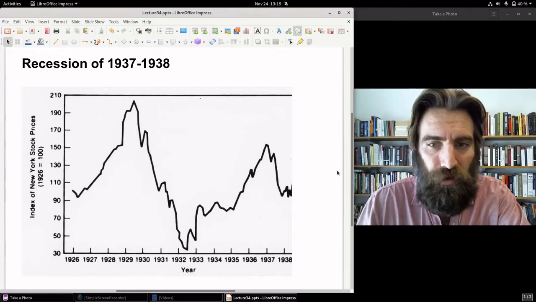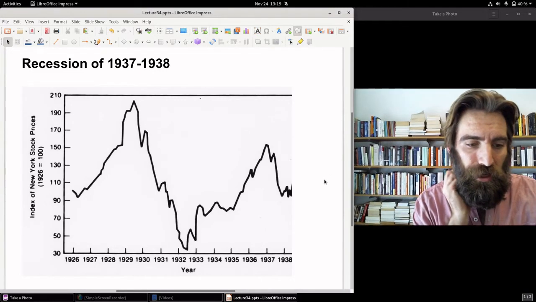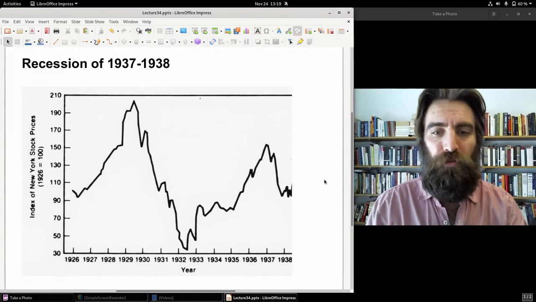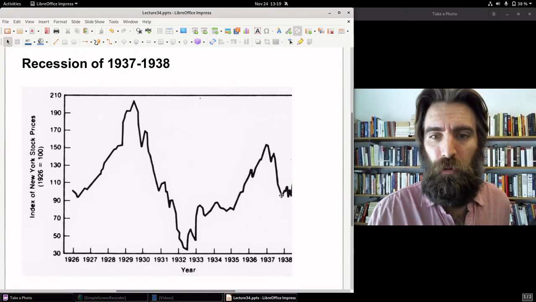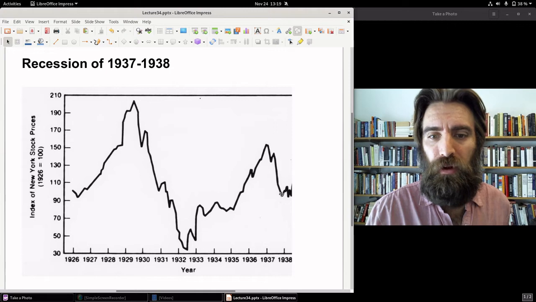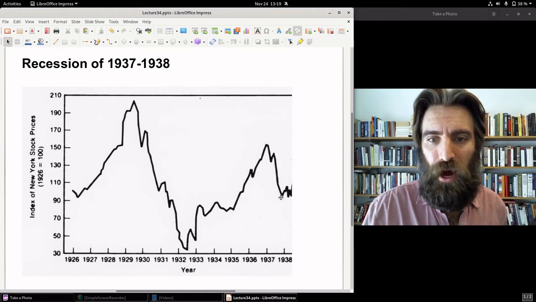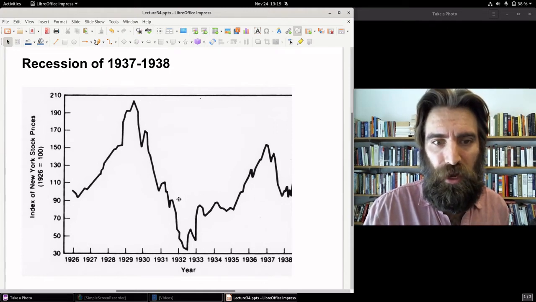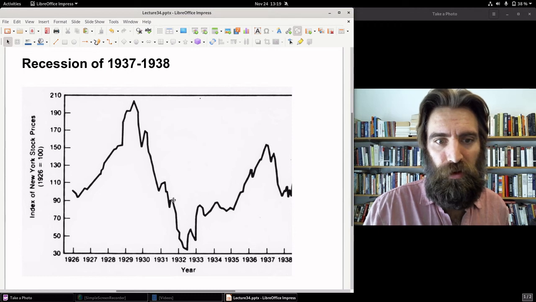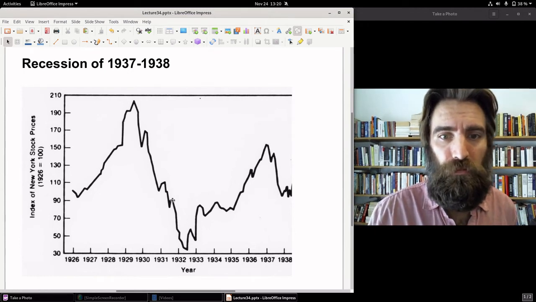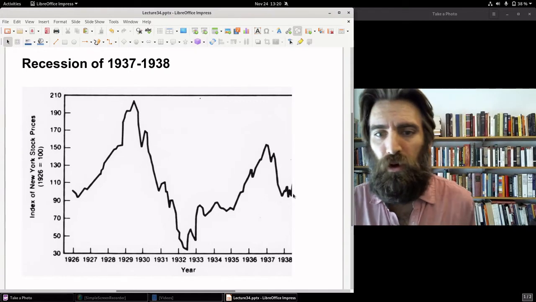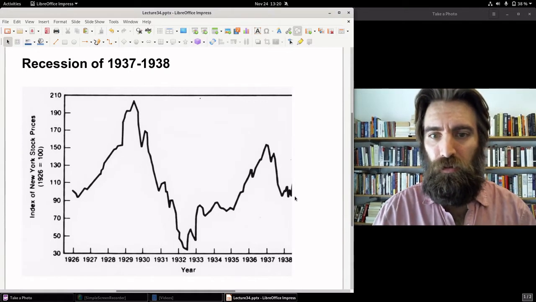August of 1937, by the end of November 1937, the market had dropped 43% for the year. 43% drop in the market by the end of 1937. And now the market is at where it was in the second half of 1931. So, and it just kind of hangs around there for a while.